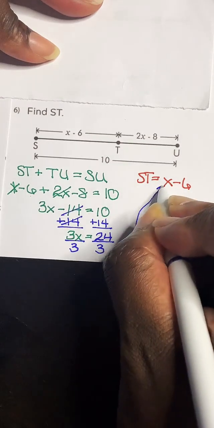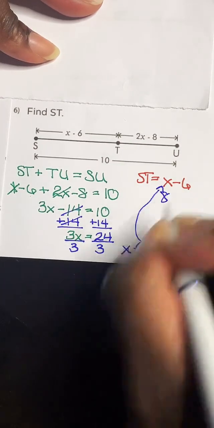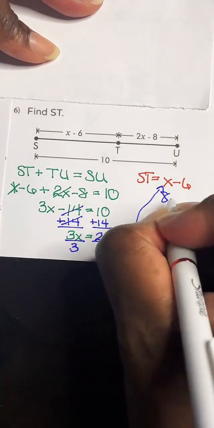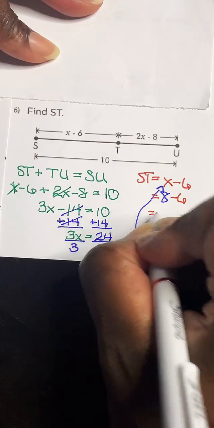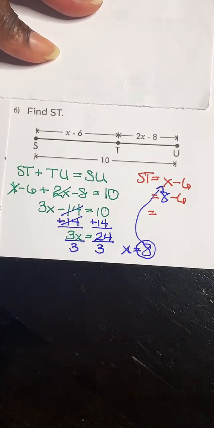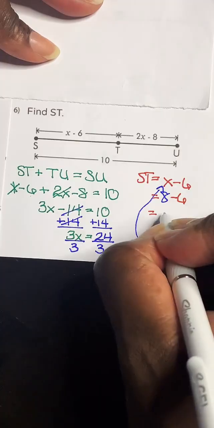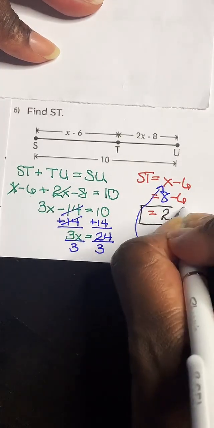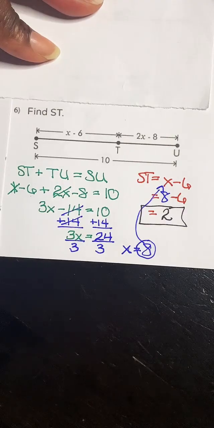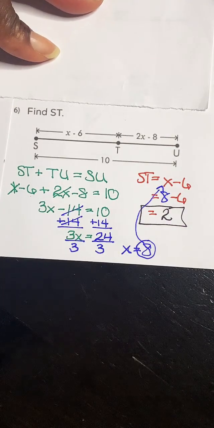So we're going to replace that x with an 8 minus 6. And 8 minus 6 will give us a big whopping 2. This is our official answer. Okay, that's our official answer.